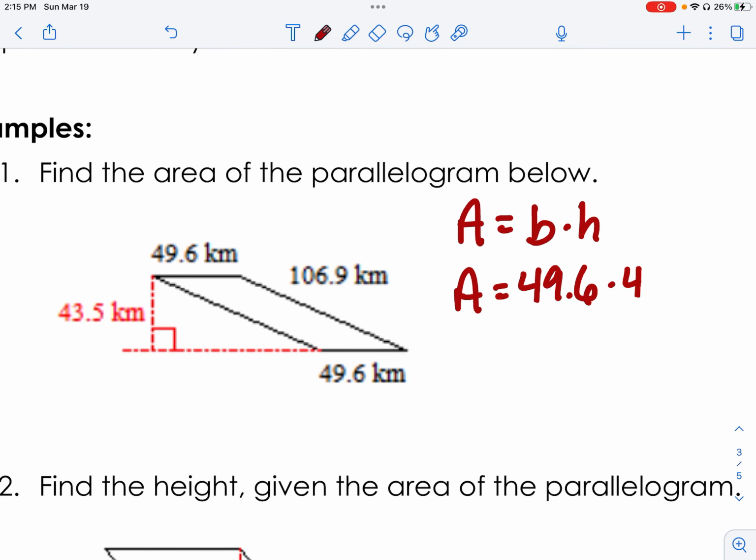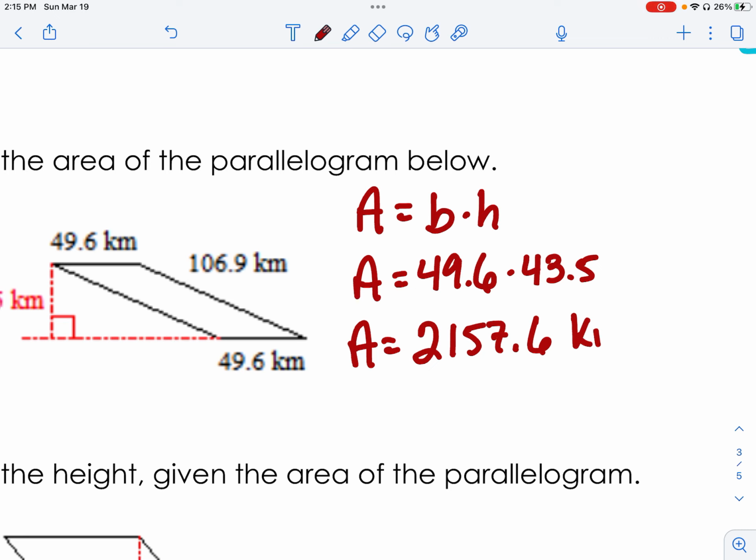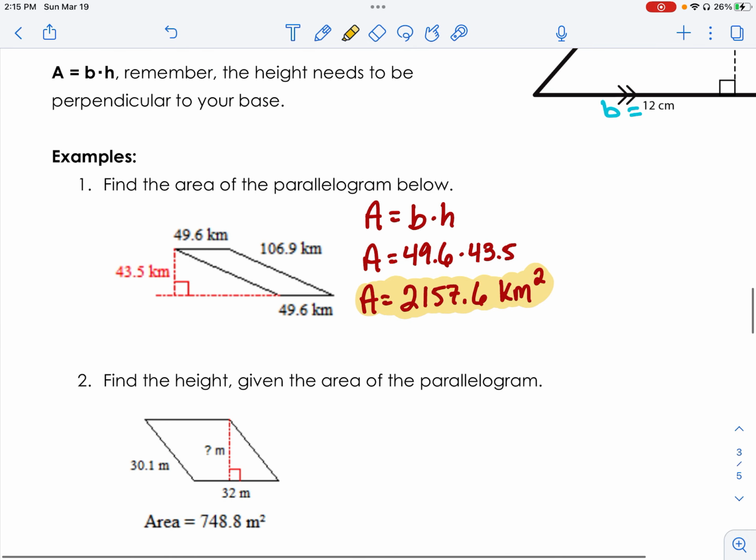My height is 43.5. Put that into your calculator, and your area equals 2,157.6 kilometers squared.